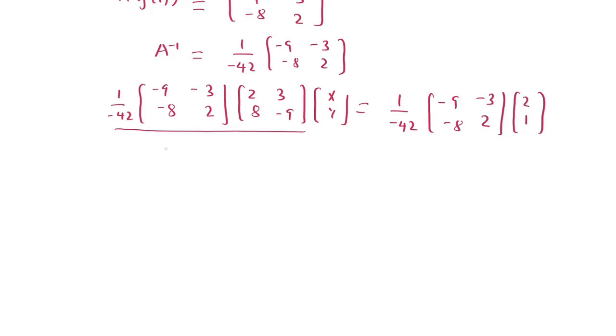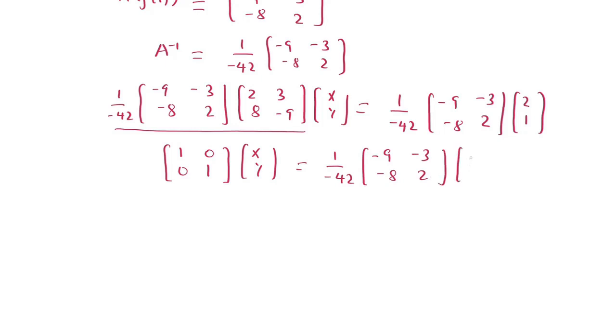So our equation is going to be [1, 0; 0, 1] times [x, y] equals 1 over -42 times [-9, -8; -3, 2] times [2, 1]. And also something to remember is that a matrix times an identity matrix gives the matrix itself.